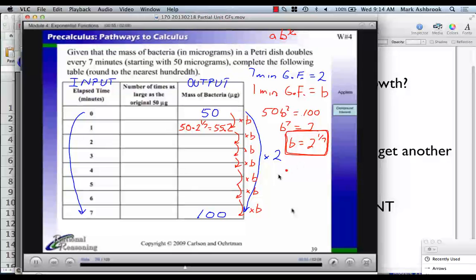Okay, so now I want you to write the function g of t that gives the mass after any number of minutes. So if t is the number of minutes, what would the function that gives the mass after t minutes be? So let's start getting you guys involved here. Zachary Roy, can you do it? You're up.